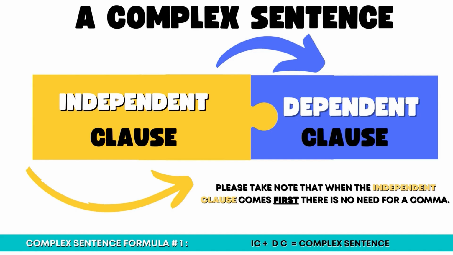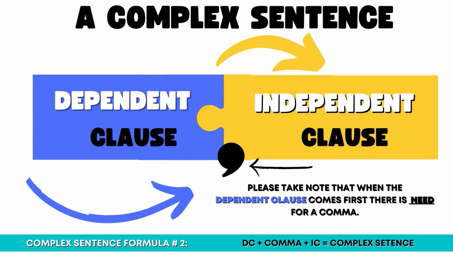A complex sentence has two formulas that I'm going to show you. We can either put our independent clause first, followed by our dependent clause, and in this case, there is no need for a comma. It's independent clause plus dependent clause equals complex sentence.